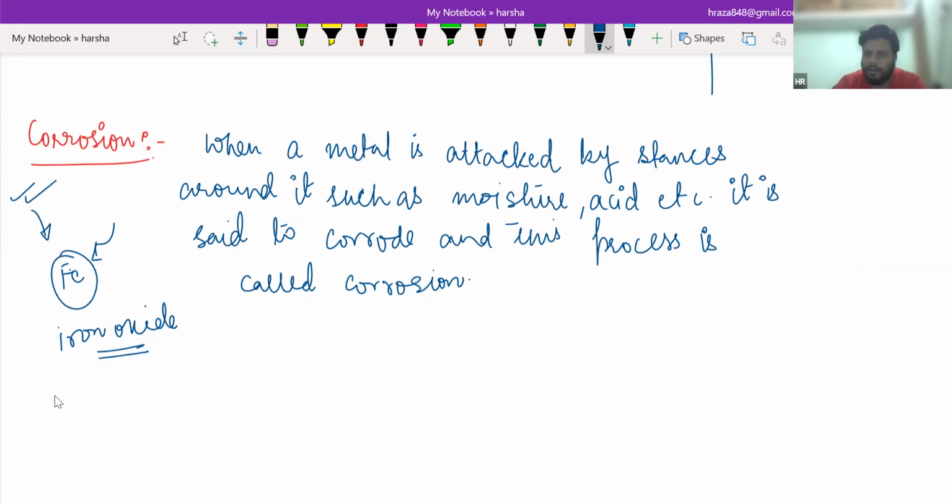Corrosion can damage substances of iron. So I'm going to write the disadvantages of corrosion.